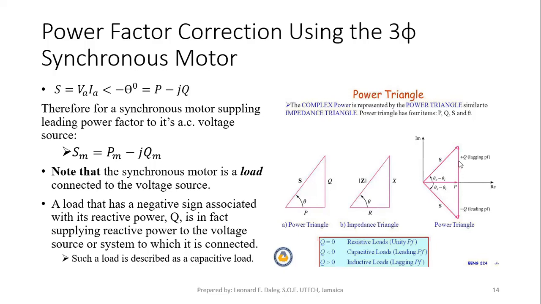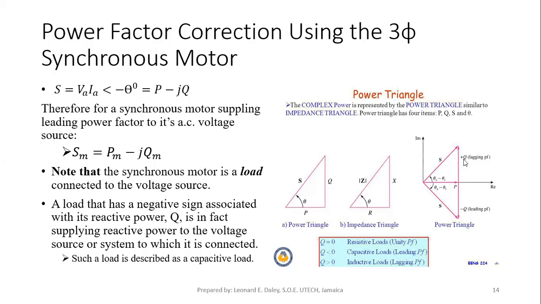So for a lagging power factor load, the triangle is this upper triangle. And for a leading power factor load, the triangle is the lower one here. Right. So the synchronous motor will be operating on the lower triangle, while the factory load would be operating on the upper triangle.